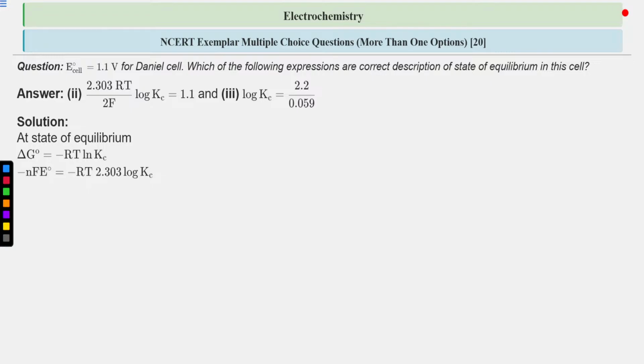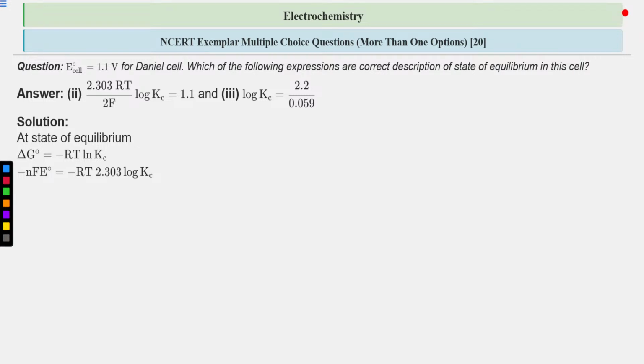Now del G naught is also equal to minus nF E naught, right? These are some small formulas that you have to learn for the proper solving of the numericals from this chapter.